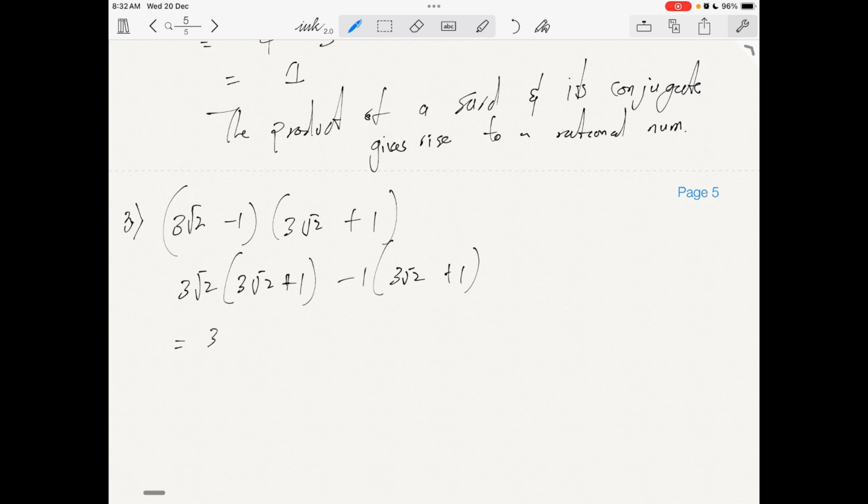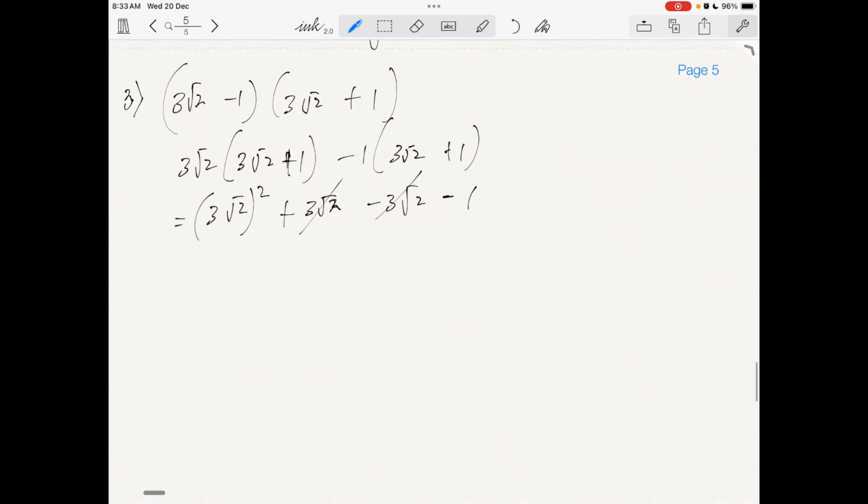This will give us 3 root 2 multiplied by 3 root 2, so 3 root 2 squared, plus 3 root 2, minus 3 root 2, and minus 1 multiplied by plus 1, which gives minus 1. Definitely the 3 root 2 terms will cancel out. Now we'll be left with 3 root 2 squared minus 1.